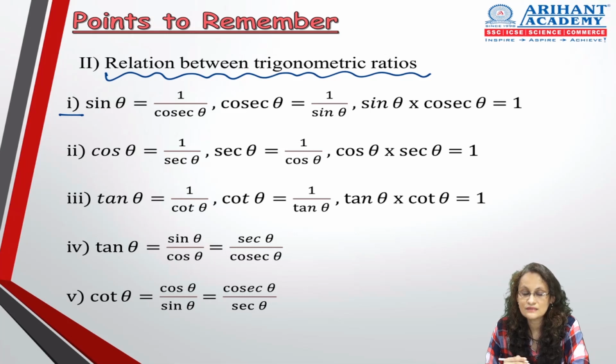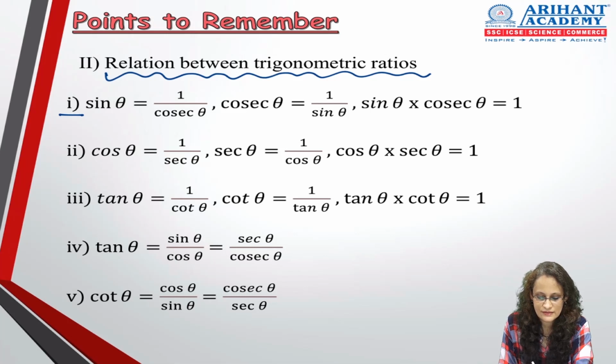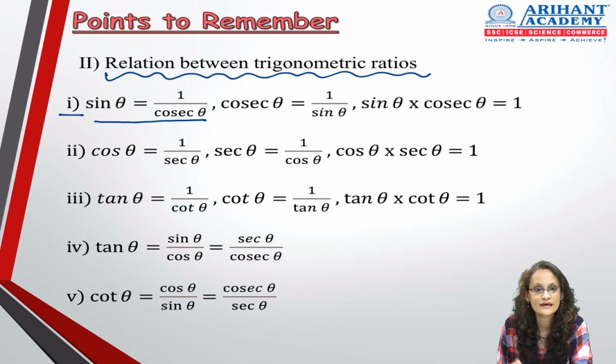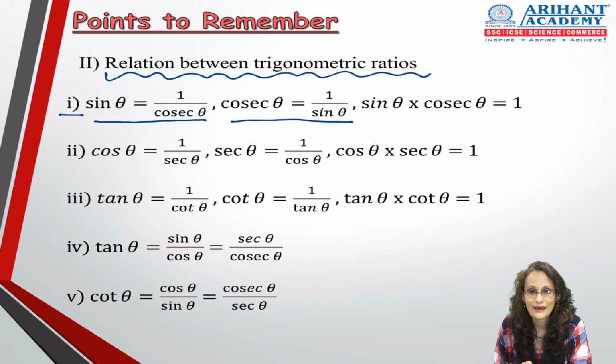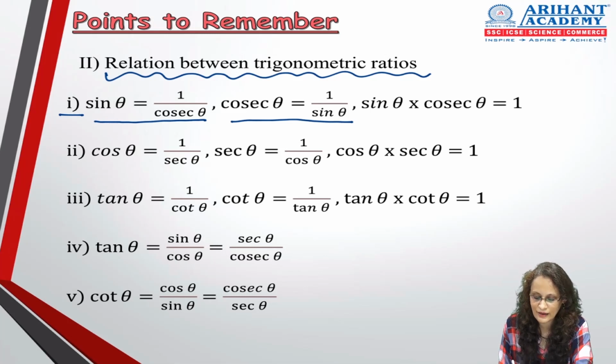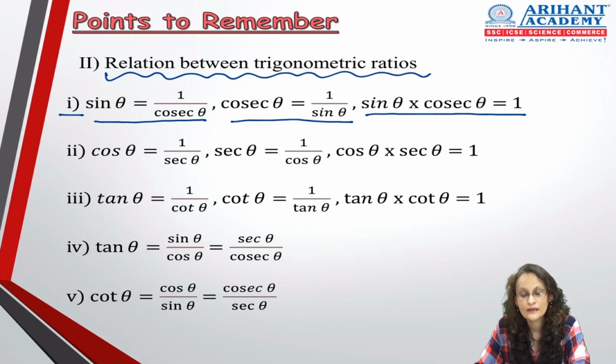In other words, sine and cosec are reciprocals of each other, or they are multiplicative inverses of each other. Similarly, cosec theta will be 1 upon sine theta. And when I cross multiply, I will get sine theta into cosec theta is 1. So this gives me the relation between sine and cosec.